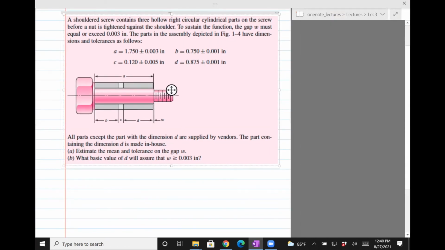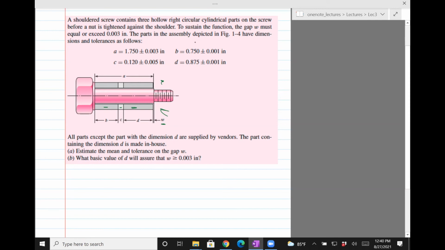A shouldered screw contains 3 hollow right circular cylindrical parts. They look like this one, and this one. Parts on the screw before the nut is tightened against the shoulder. So this is probably the shoulder. To sustain the function, the gap W must equal or exceed 0.003 inches.